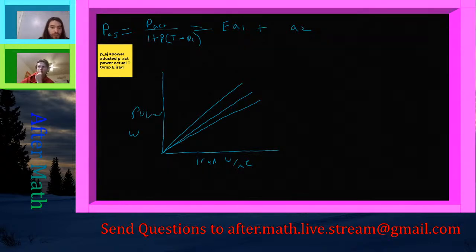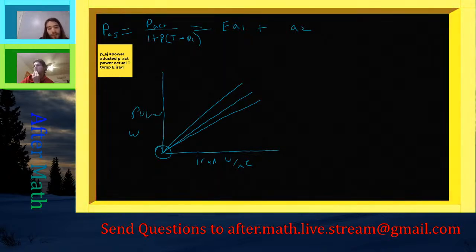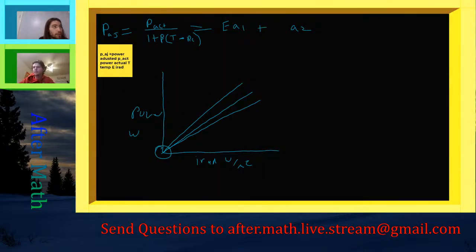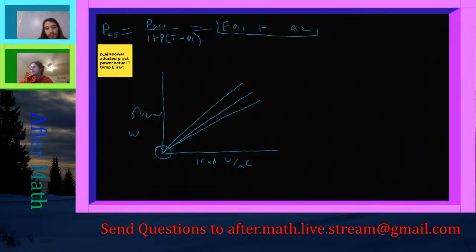Okay. But Jaden, there's something very important right here. Notice how, when the irradiation is zero, the power is at zero no matter what. That makes sense, right? If you've got no light coming in, you should have no energy coming out. Right, I agree with that. But my first concern about this equation is this part right here.